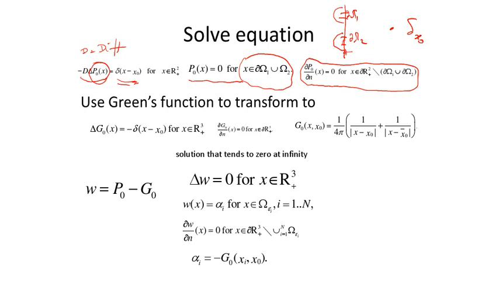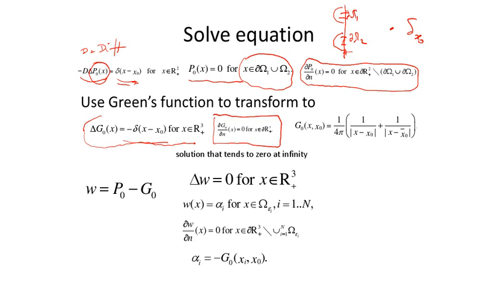So how do you find this solution? Well, you can remember your class about electrostatics. Suppose you know the solution of this equation, Laplacian G0 equals minus delta Dirac, with dG0/dn equals 0 everywhere.